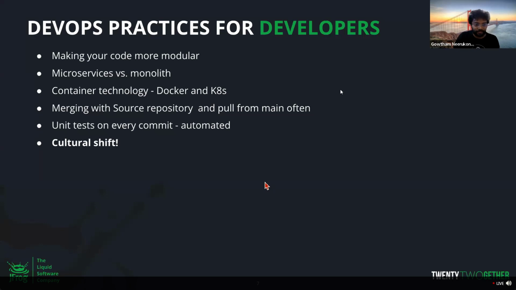Again, there are certain other best practices as well. All in all, the DevOps practices for developers is a cultural shift altogether, and you need to be prepared to embrace this initiative whenever your organization takes it up, and be aware of all the best practices as they come in to make sure your teams are getting benefited from them.